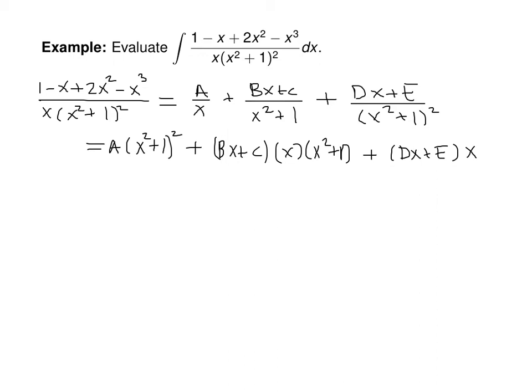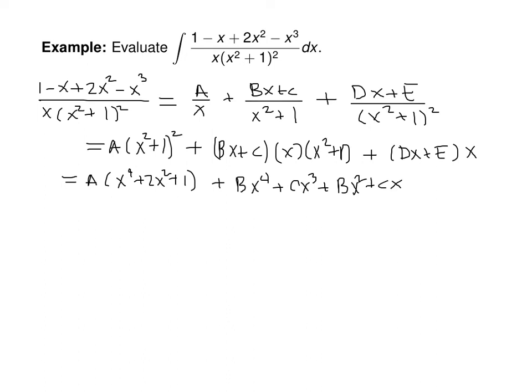Now we expand everything. And we'll have a times x to the 4th plus 2x squared plus 1, plus bx to the 4th plus cx cubed plus bx squared plus cx.